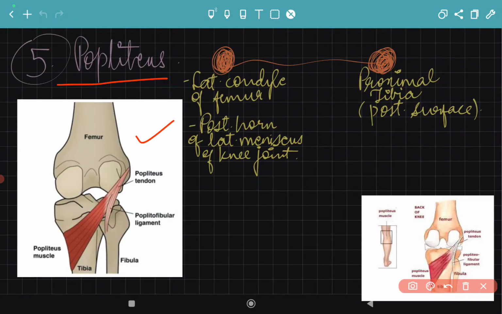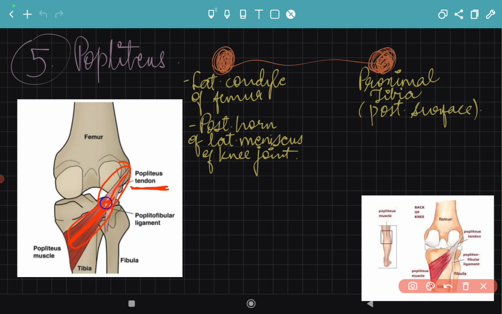Now let's continue with popliteus. As we can appreciate in this diagram, the origin is from lateral condyle of the femur over here, and also from the posterior horn of the lateral meniscus of knee joint. So lateral condyle of femur, lateral meniscus posterior horn of knee joint starts over here. As we can see, this part is the origin where the popliteus tendon is there, and then travels this way and inserts at the proximal tibia posterior surface.